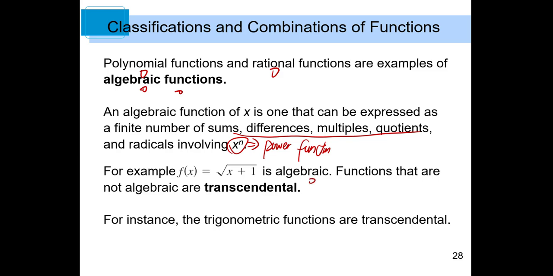It's called a radical function. And the functions that are not algebraic are called transcendental functions. For example, trigonometric functions are transcendental functions.